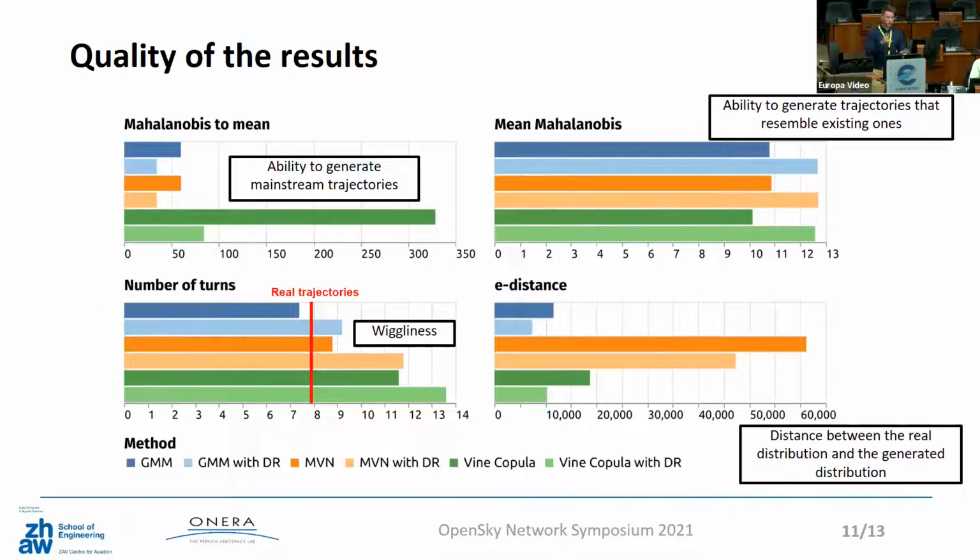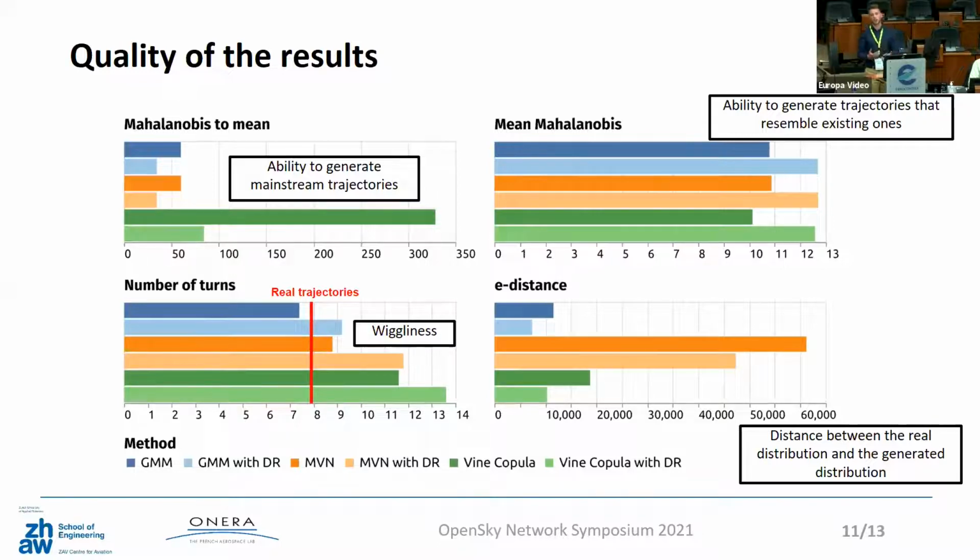So first of all, we actually noticed that decreasing the dimension actually increased the goodness of fit, which is described here for the E distance. We see that for given methods, when we apply the dimensionality reduction, here dr, we actually have a better E distance, so a lower E distance.